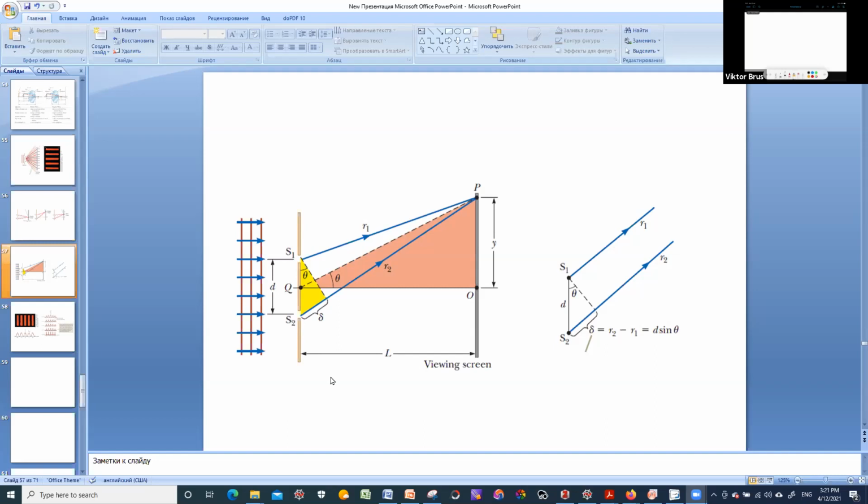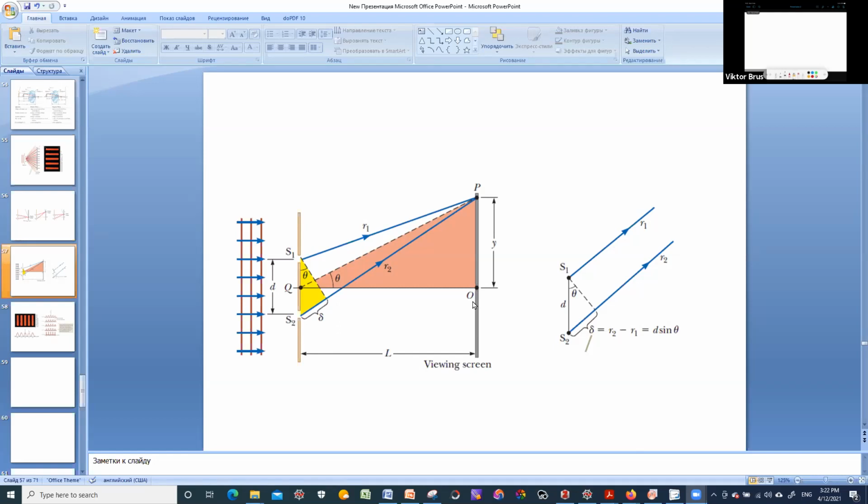And just from this simple geometry, you see that there is a certain delta, which is defined as d, the distance between the slits, times sine theta, this angle, which in its turn defines the angular position of point P. This delta is the difference in path, and this difference in path will define whether we have constructive or destructive interference.